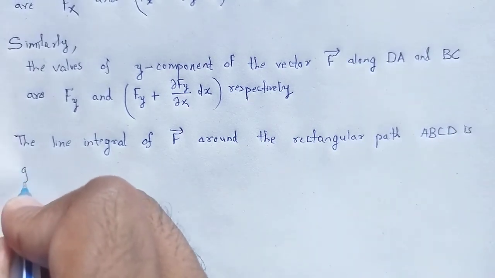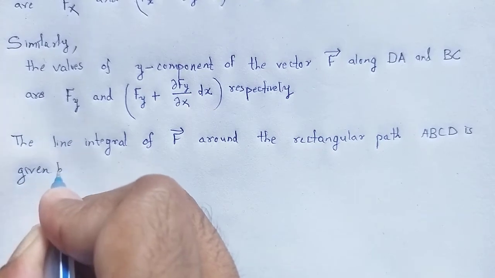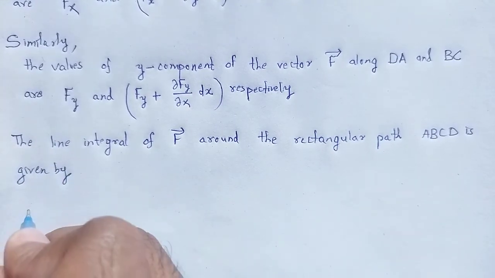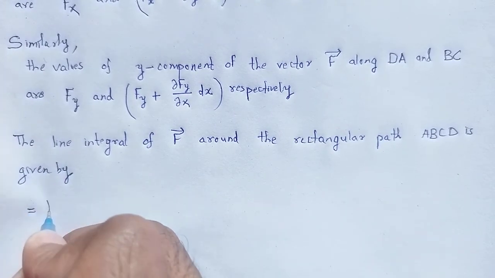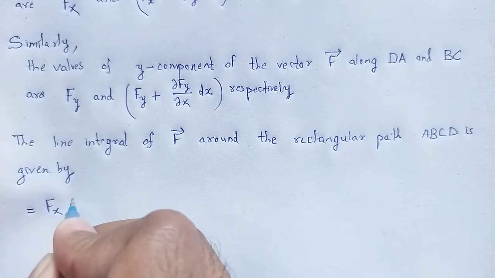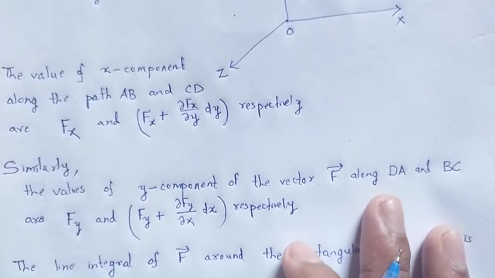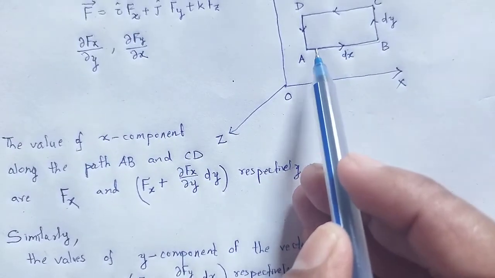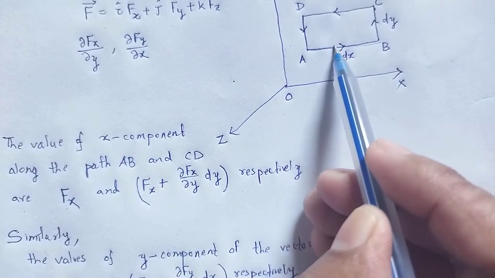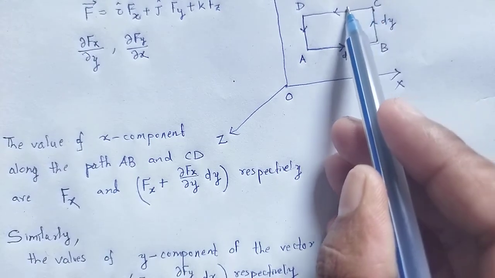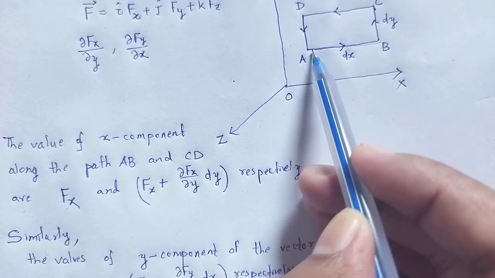We proceed like this: AB, BC, CD and DA.